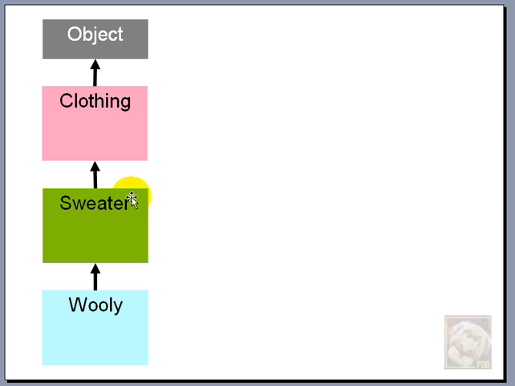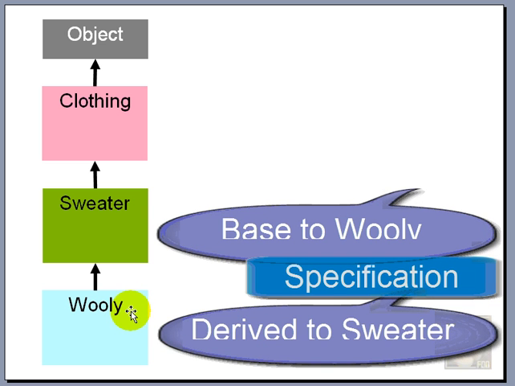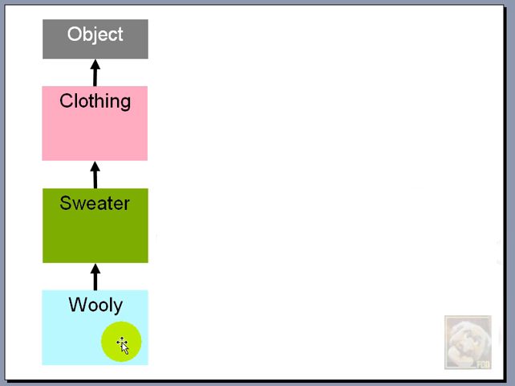We want to still be more specific, so we will talk about a specific kind of sweater, that is woolly sweaters. Sweaters made out of wool. So woolly sweater is a derived class of class sweater. That is, we are specifying which kind of sweater. And woolly will not be a base class for any other one, because we have chosen not to. We could have, but we will choose not to.